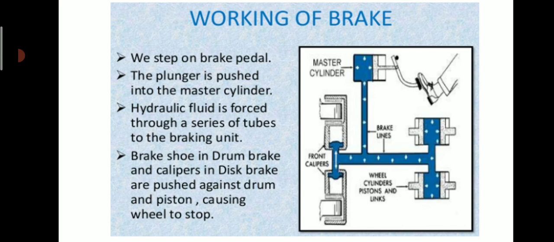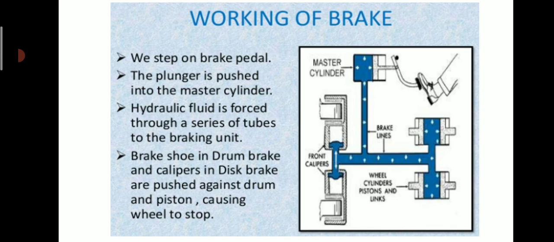Before learning, let us revise the working of the brake. In this picture, you will again see the location of the master cylinder, which is connected to the wheel cylinder through the brake lines to the front wheel as well as the rear wheel. How does this brake work?